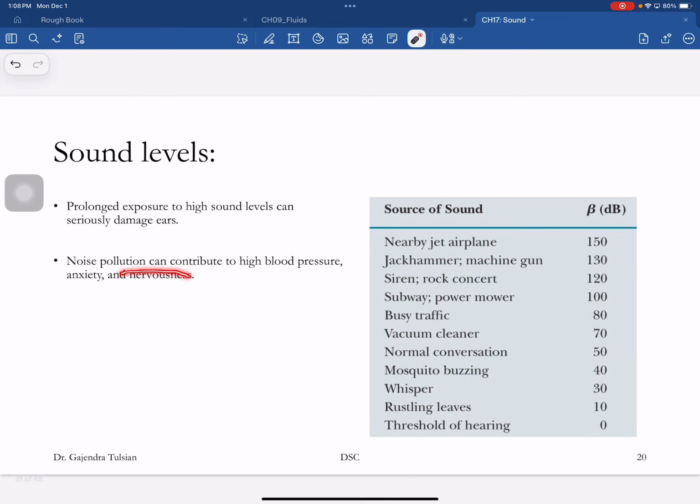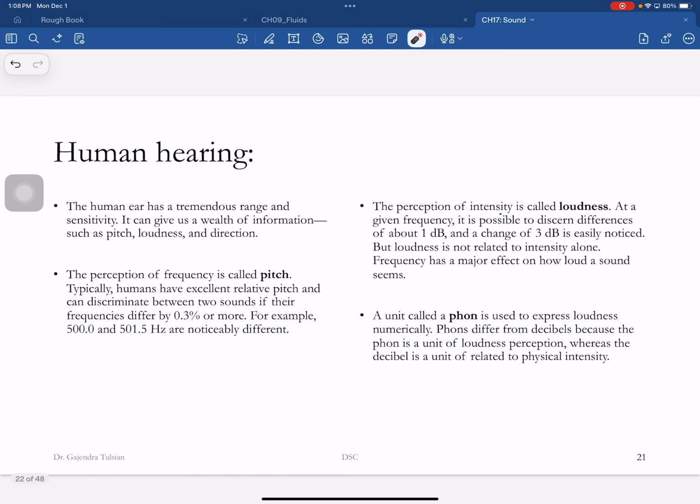Noise pollution can contribute to high blood pressure, anxiety, and nervousness, and prolonged exposure to high sound levels can seriously damage ears. All rock stars have compromised hearing. And it's amazing they can still produce music that sells.